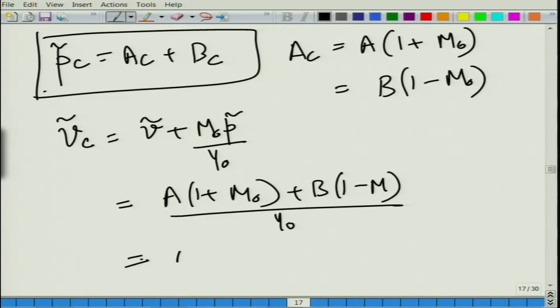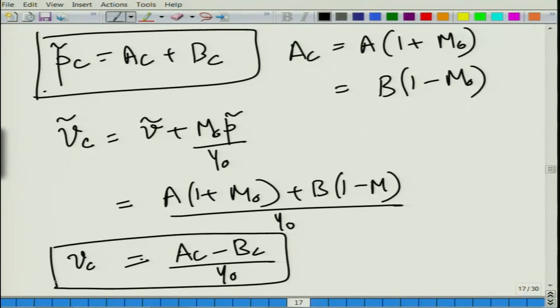So, this is AC minus BC minus y naught, where you have pretty much the same relation between AC, BC with A and B. So, they are the same, that is defined here.